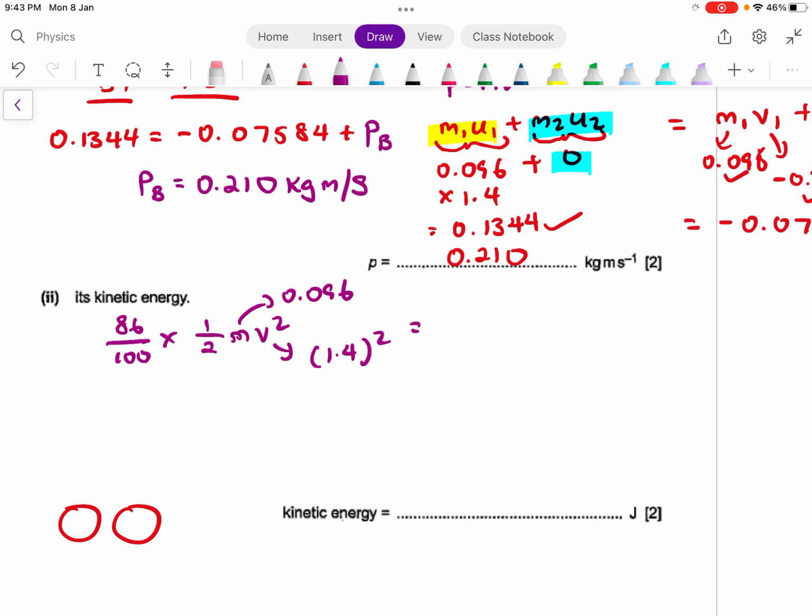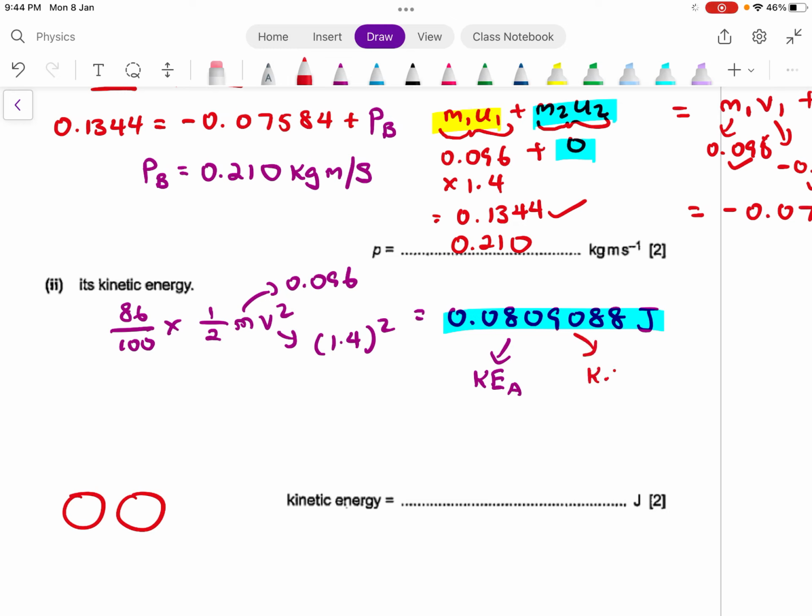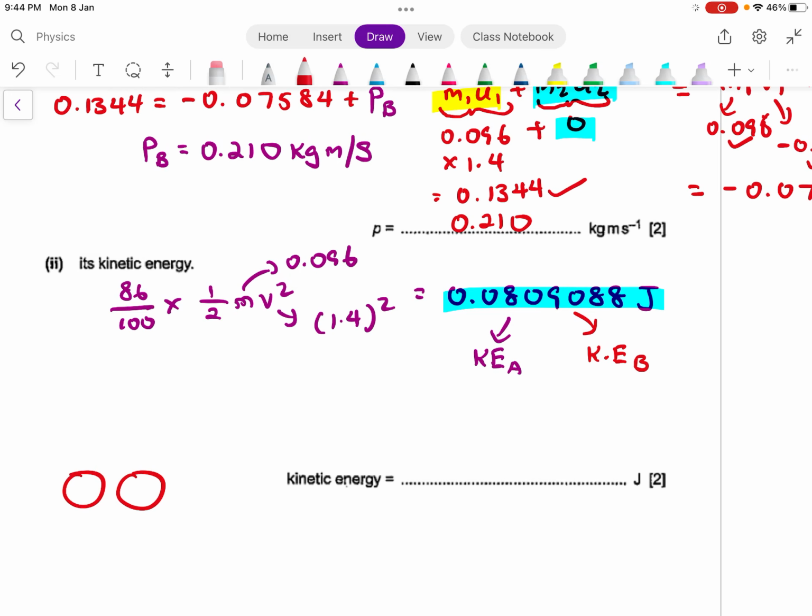Multiply by 0.096, 1.4 squared. So 86% of the initial kinetic energy will be 0.0809088 joules. Of course this remaining kinetic energy that is left will be the kinetic energy of sphere A, and not just that, will also be the kinetic energy of sphere B. Then of course the 14% is lost as heat energy.